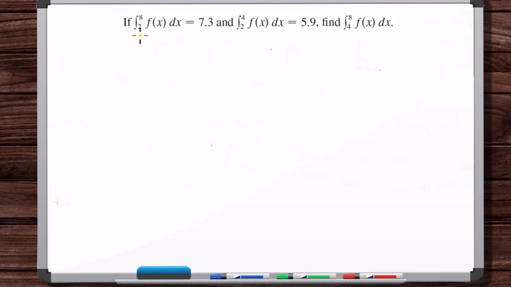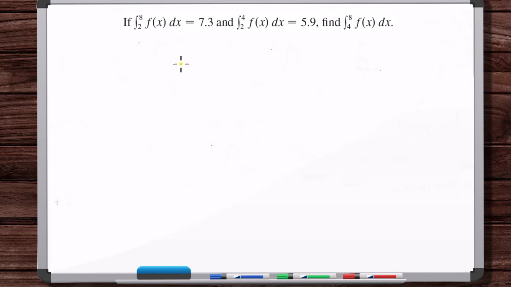Okay, if the definite integral from 2 to 8 of f of x dx is equal to 7.3, and the definite integral from 2 to 4 of f of x dx is equal to 5.9, then find the definite integral from 4 to 8 of f of x dx.